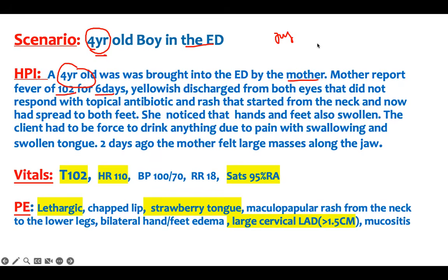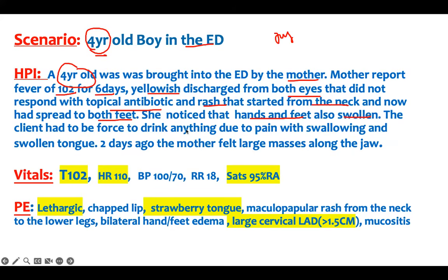Then you say, oh, 6 days of fever. There's a yellowish discharge from both eyes that did not respond to antibiotics. So something in the eyes that did not respond. And a rash that started from the neck and has now spread down to both feet. She noticed that the hands and feet are all swollen.